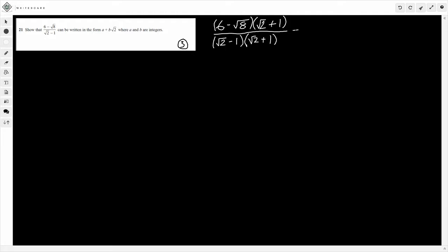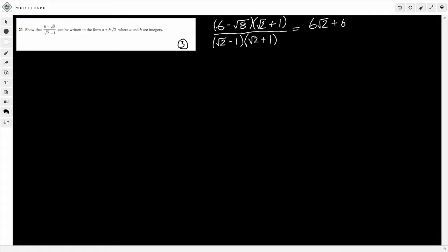So now at this place, what we've got to do is a lot of simplifying. It's multiplication of surds. So let's start with the numerator. If we're doing FOIL, first we do the first two terms, so 6 times root 2 gives us 6 lots of root 2. Then the outside, 6 times 1, gives plus 6.